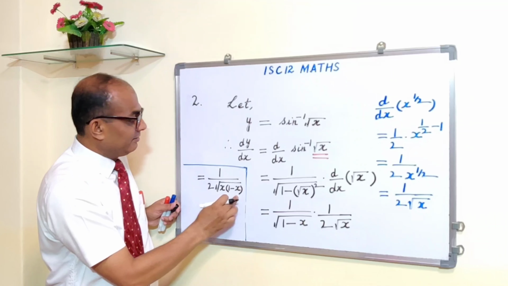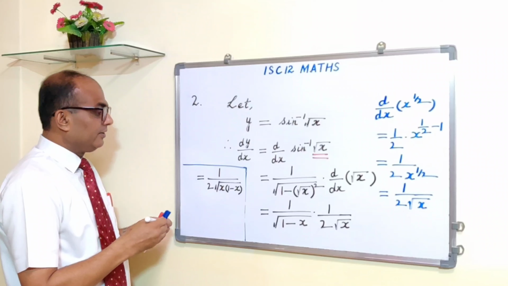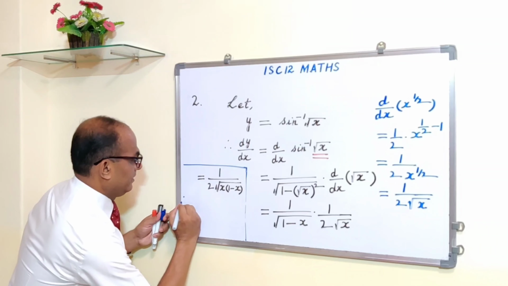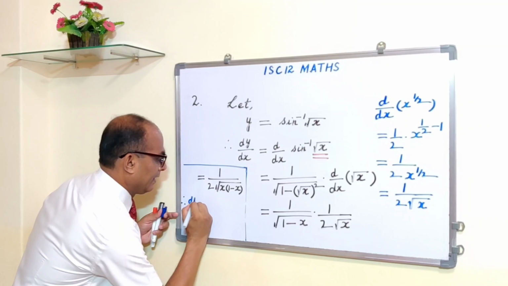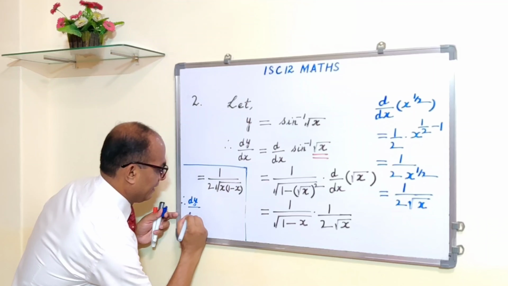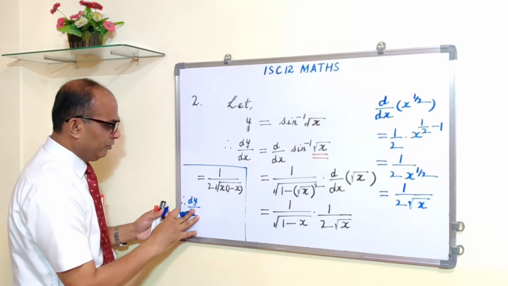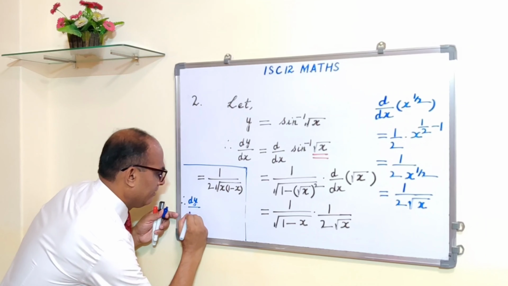Now I am writing x, 1 minus x. Fine. And then finally you can write, therefore dy upon dx is equal to. If you wish to write here only the answer, you can.